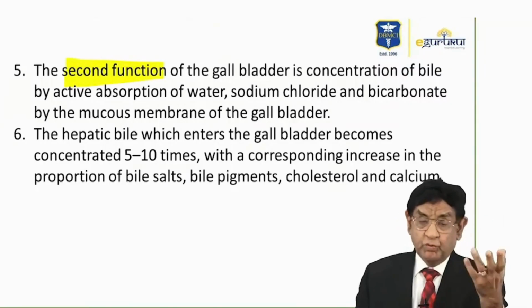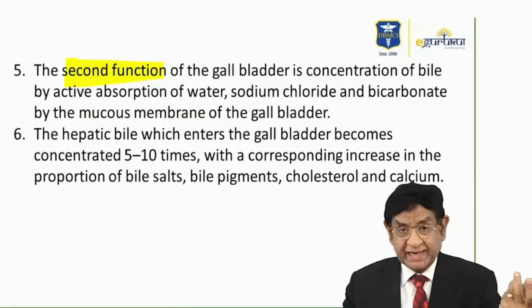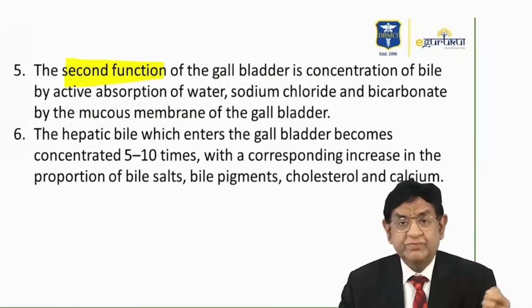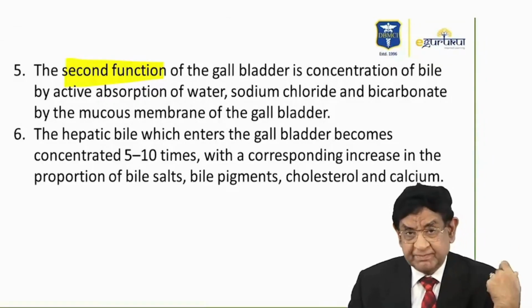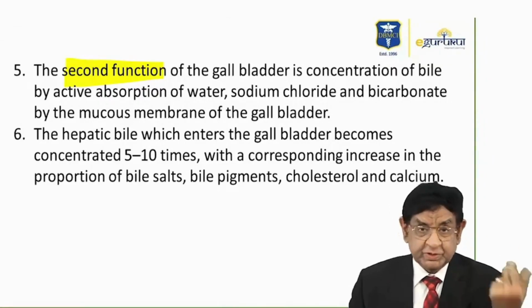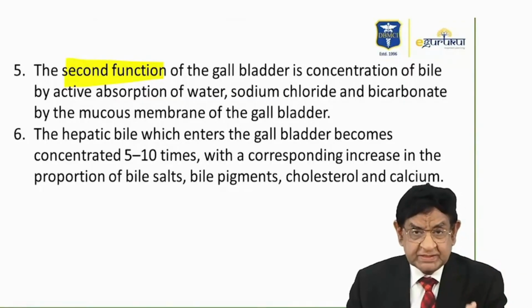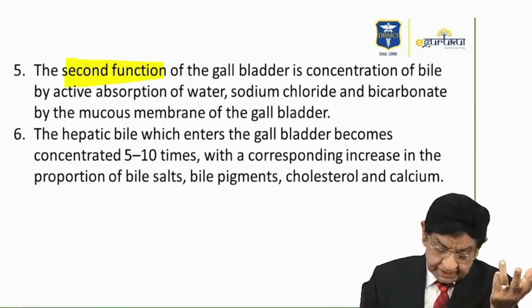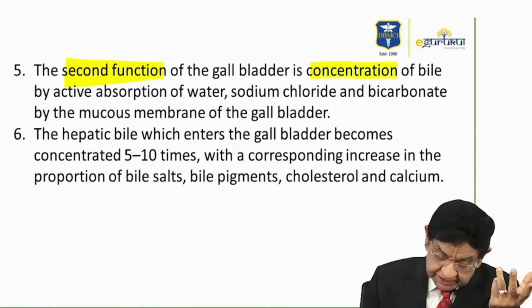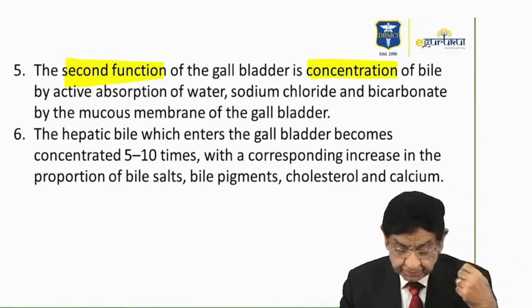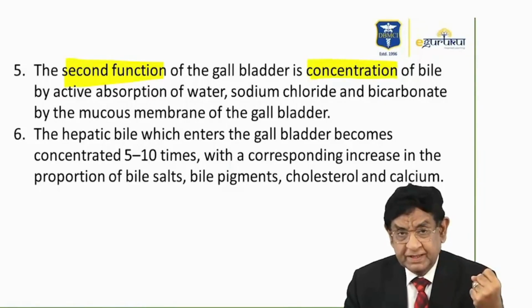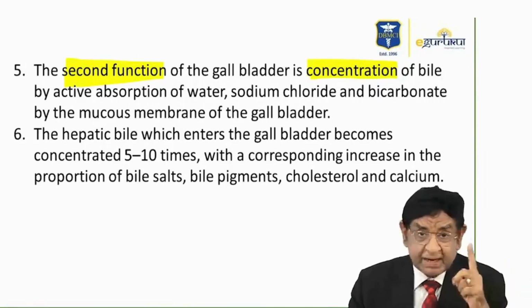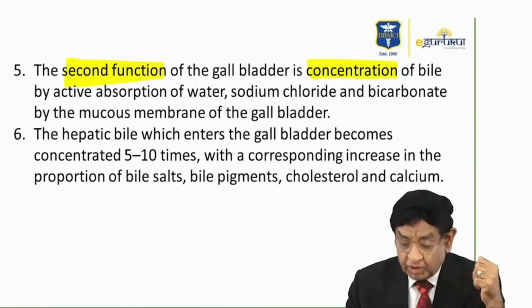Second function. About 1 liter of bile is made by the liver. It's a huge amount. But once it comes to the gallbladder, it causes concentration of the bile. Remember, 97% is water.